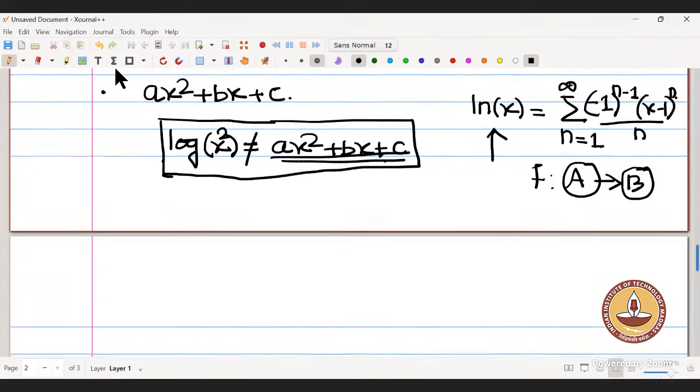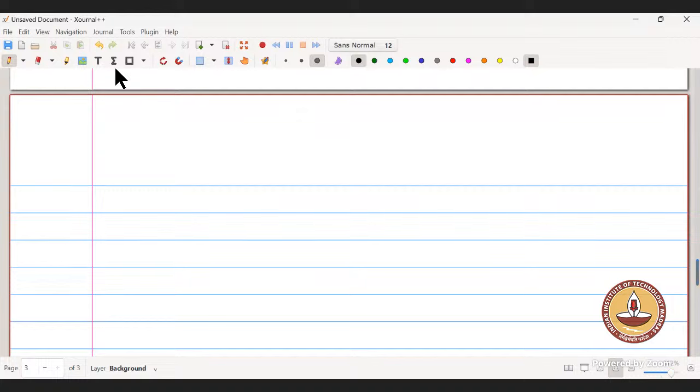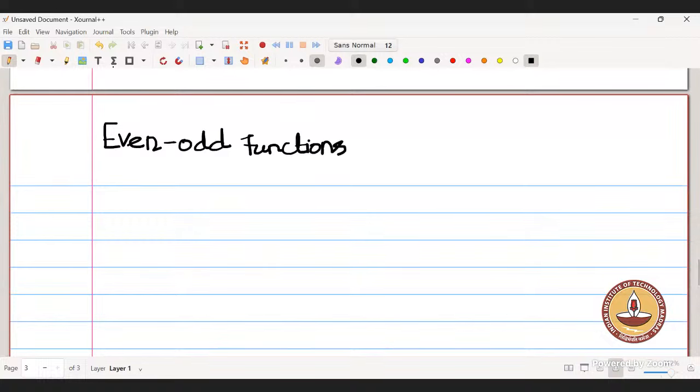Next, let's go to even and odd functions. Anyone, what is the definition of an even function? f of -x is equal to f of x.